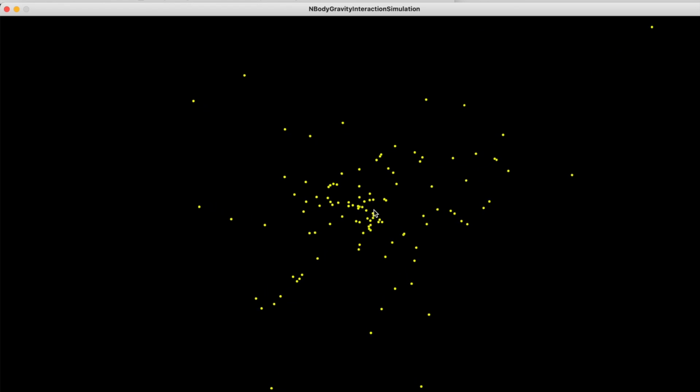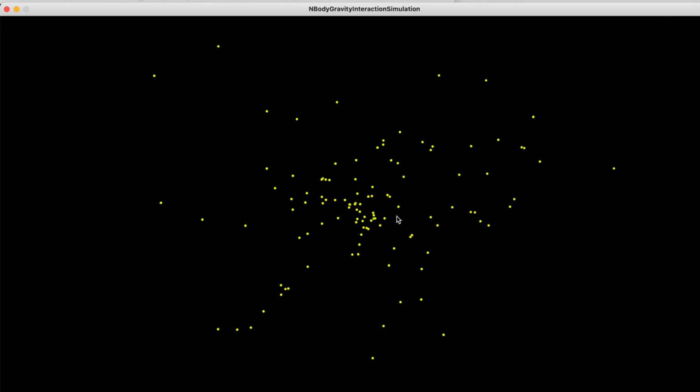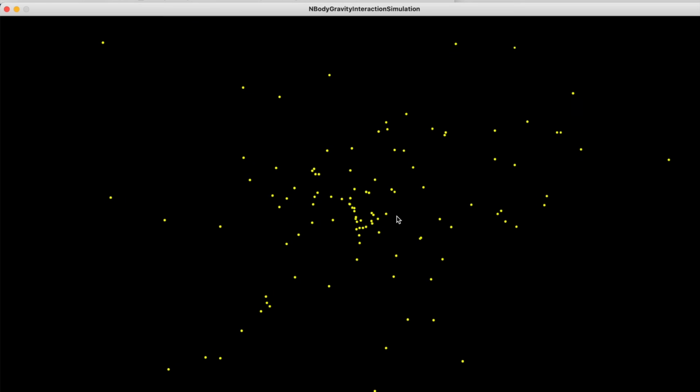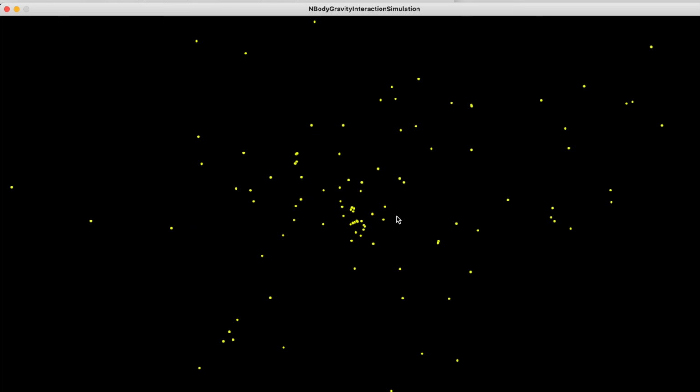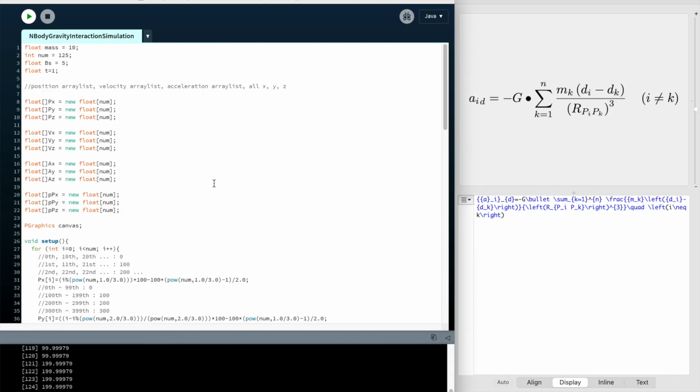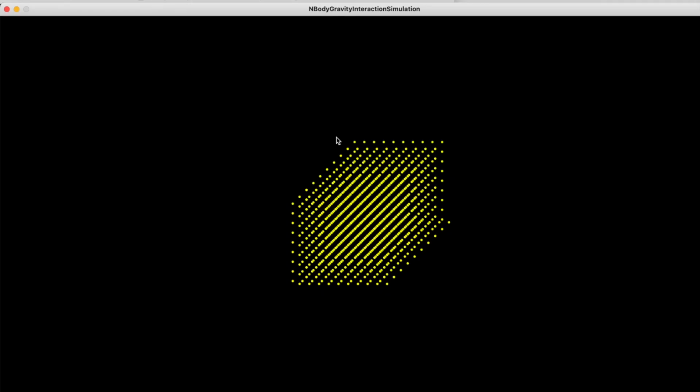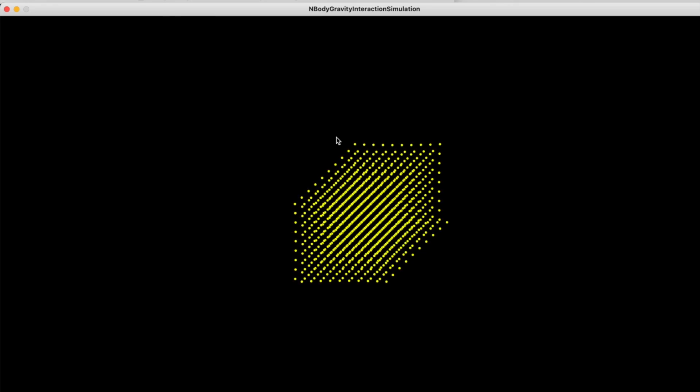But because the forces of gravity become much smaller, since it depends on the cube of the distance, they just separate from each other. I think that's inevitable. So when I use 1000 here, it's going to be better. It starts as a cube, and then they slowly move towards each other.